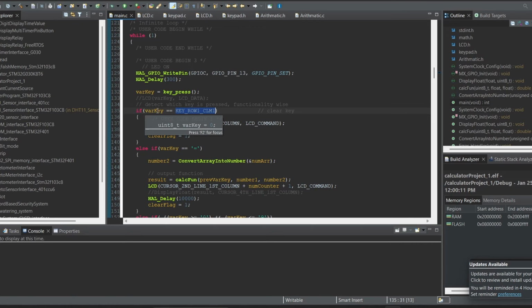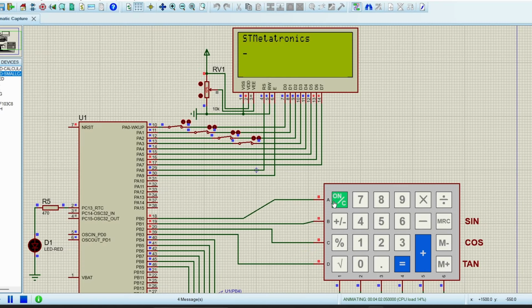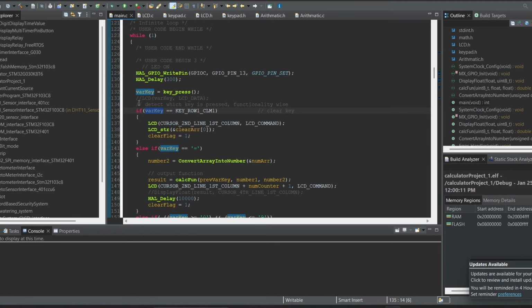So whenever we are pressing the clear function, and clear functionality is from row 1 column 1, we'll check. We'll go over here, we have implemented the clear functionality over here. So we will be mentioning that key row 1 column 1, that will clear everything displayed on the LCD, basically clear every number.